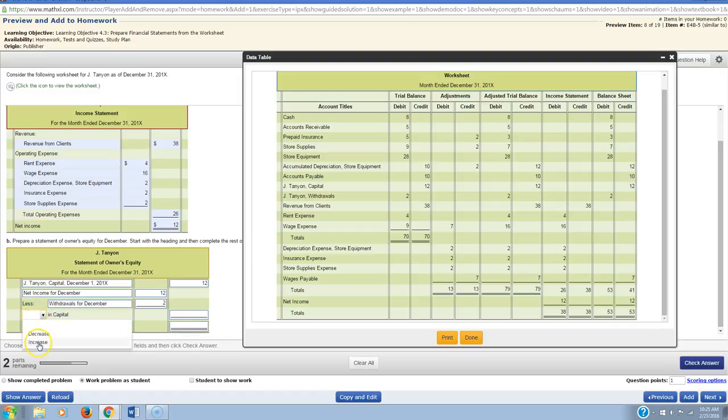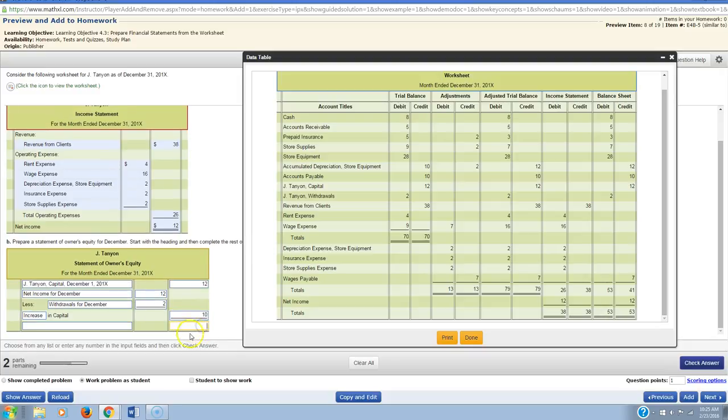And we still have an increase in capital. Obviously, if there was a profit of 12, and the owner took out for personal use 2, then there's a $10 increase from the beginning balance to the ending balance, which would be a total of 12 plus 10, and that would be the ending balance.